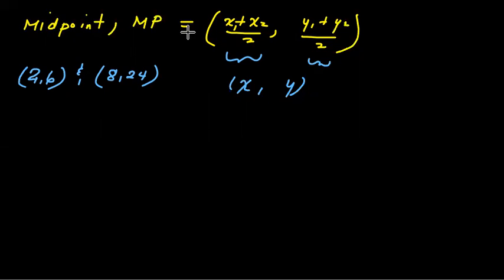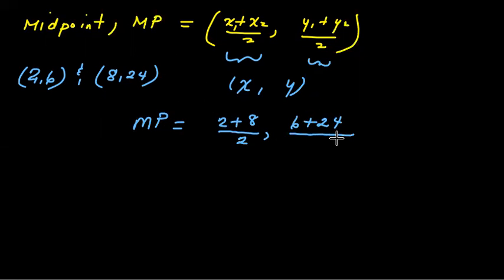So following suit with this right here, MP is equal to 2 plus 8 divided by 2, comma, 6 plus 24 divided by 2. So this becomes 10 divided by 2. This becomes 30.